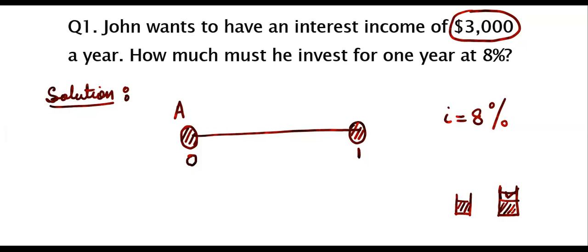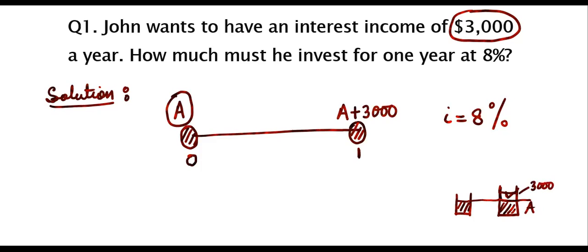Here the interest income is given. That means if you deposited A, your money should be A plus 3000 after 1 year. So your money increases. This part is A and this part is 3000.